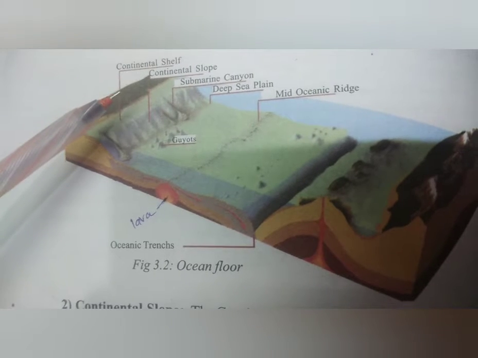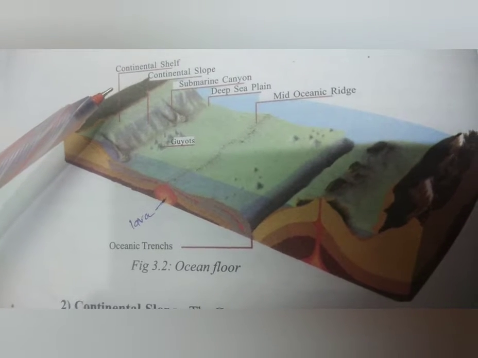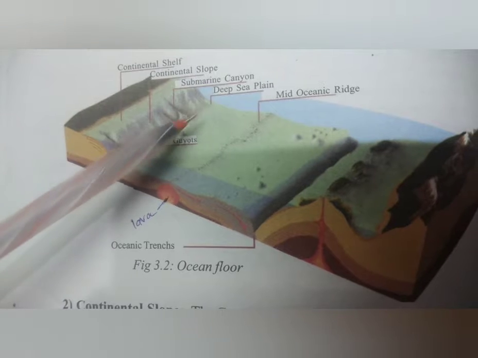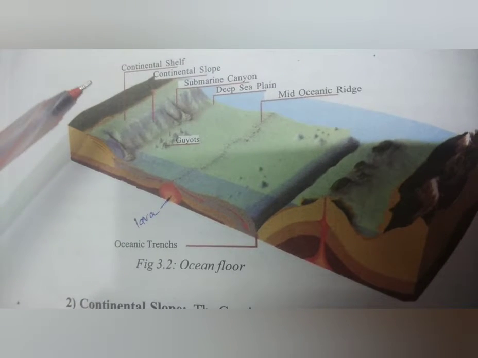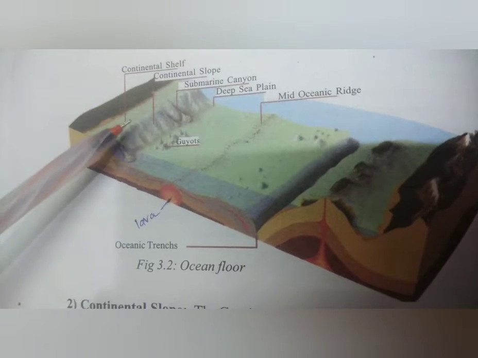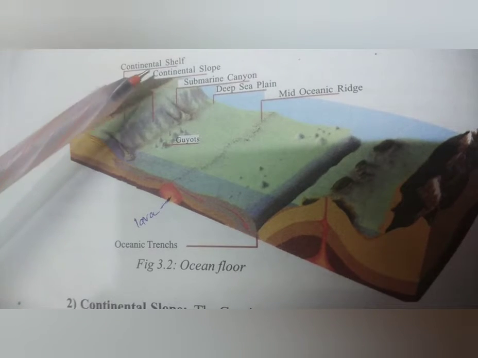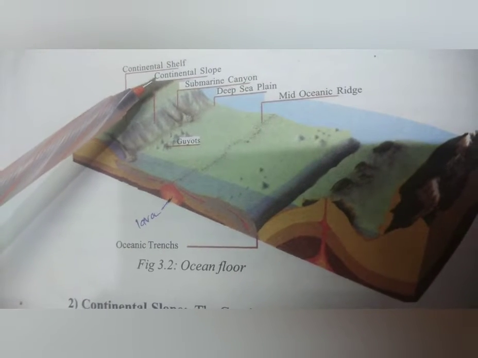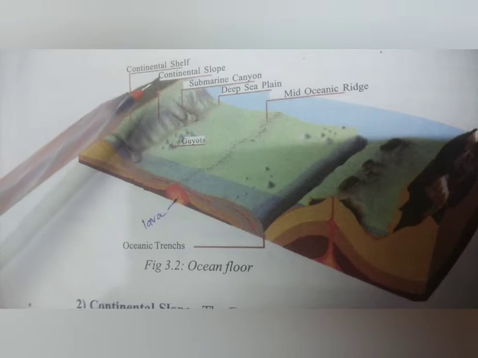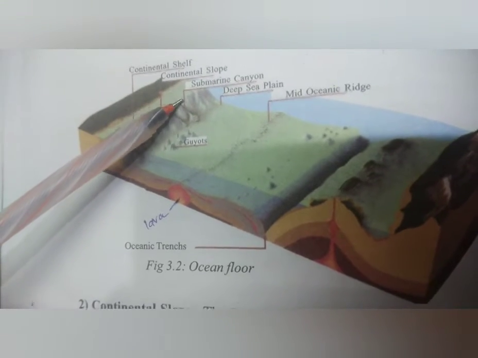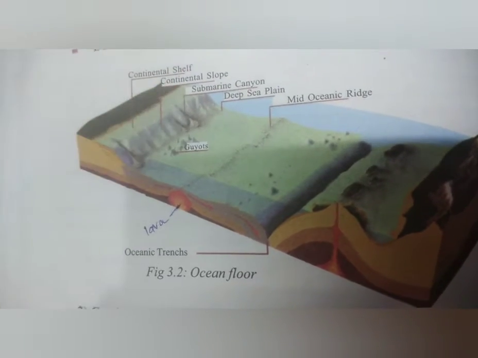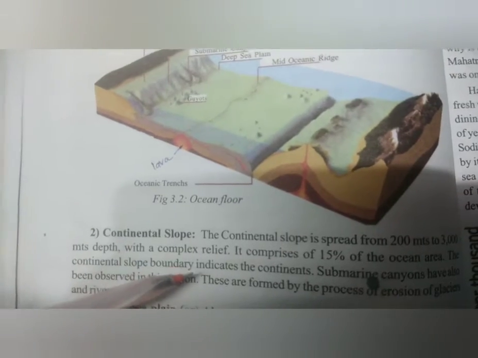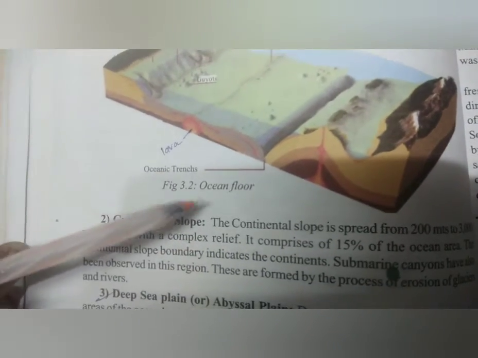River water and glaciers come out and cut the slope, and canyons and valleys are formed in this continental slope. How much percent of the ocean is covered here? 15% of the ocean area is covered by the continental slope. The continental slope also indicates the continent.